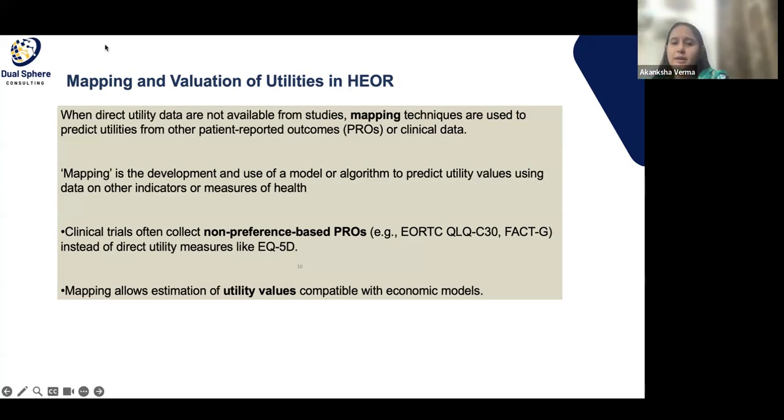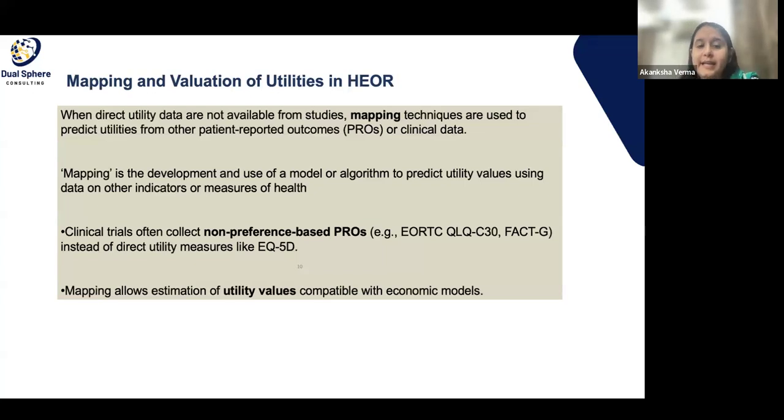So you can develop a model or algorithm to use the PROs of asthma to simulate and calculate the values for COPD.